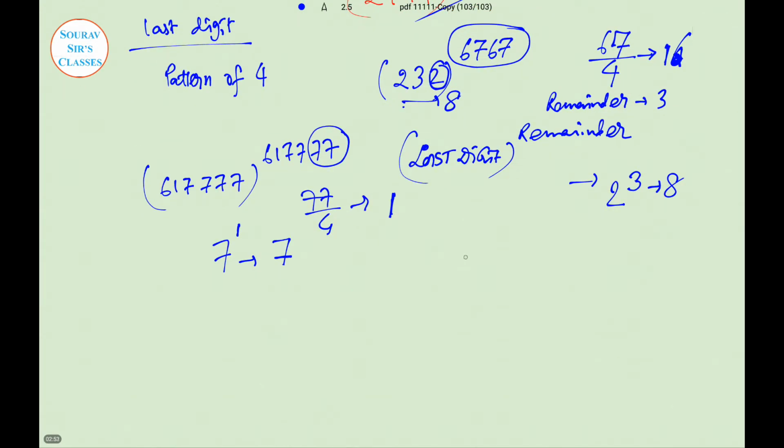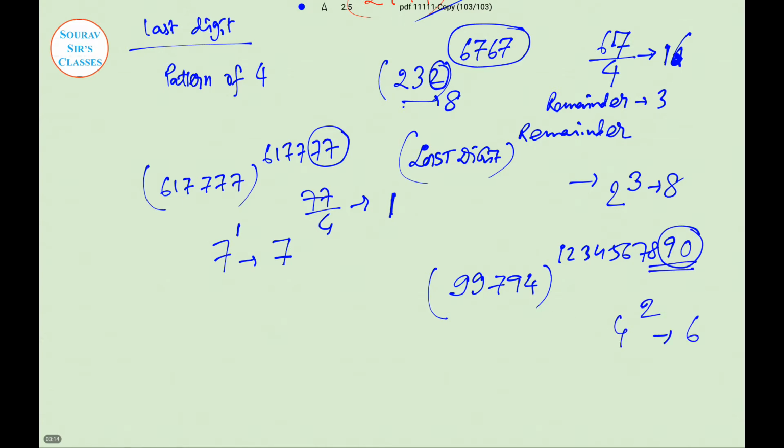Just for another cross checking, 99794 whole to the power 123456789. Maybe you can put a 0. So if you divide the last two digits by 4, the remainder is 2, and this is 4 squared, so the last digit is 16. That's it.